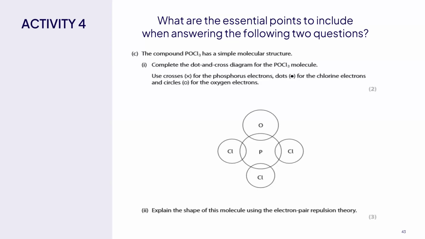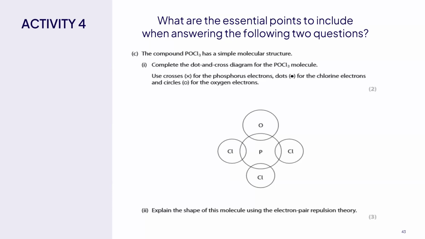Okay, so the first question says use crosses for phosphorus electrons, dots for the chlorine electrons, and circles for the oxygen electrons. That's the advice. It wouldn't be penalised at the end of the day if they use different symbols, but I would very strongly recommend you try to encourage your students to use the symbols that are asked for in the question.